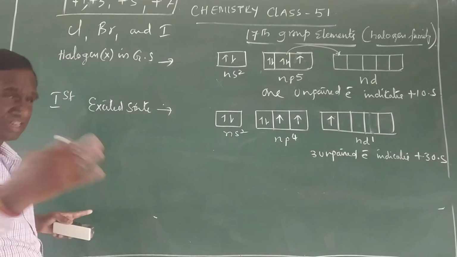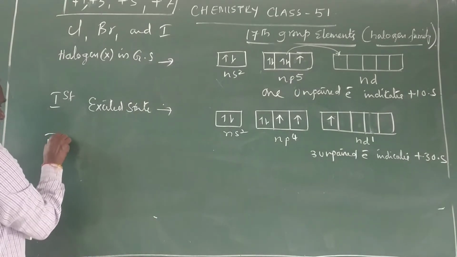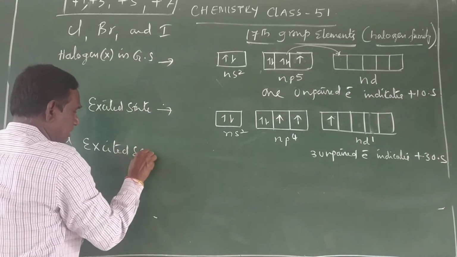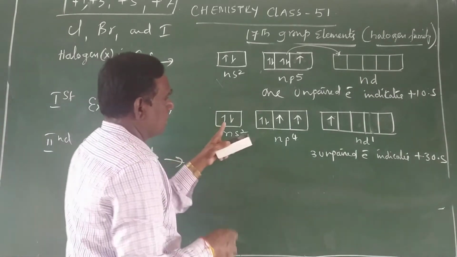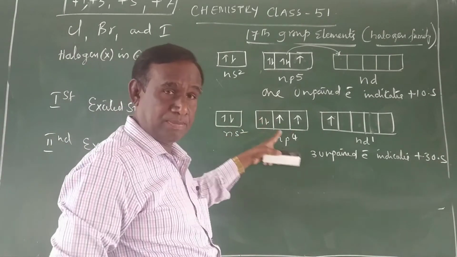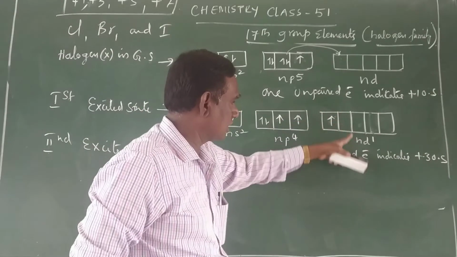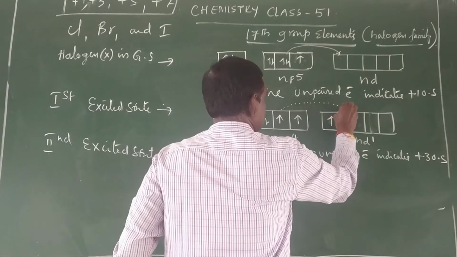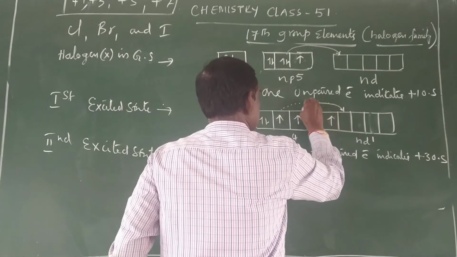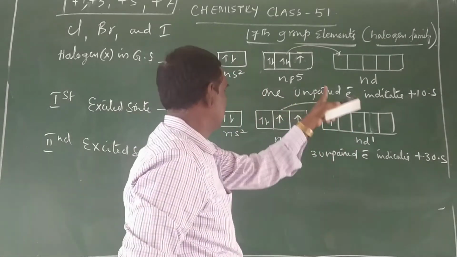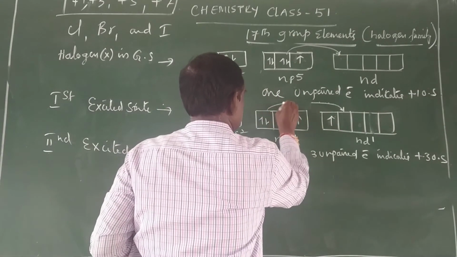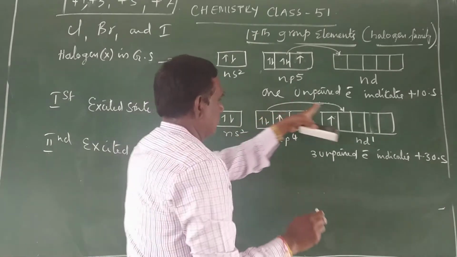Let me write the second excited state. In the second excited state, again one electron from the np4 level is transferred to the nd level, from this level to this level.